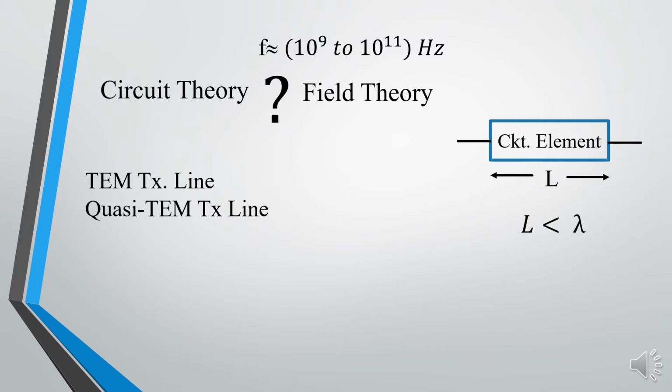Therefore, there will be a certain phase difference along the length of the lumped element. Therefore, the voltage, current as well as the impedance will change over the length of the circuit element. Therefore, we cannot use lumped components for the analysis of coaxial transmission line.